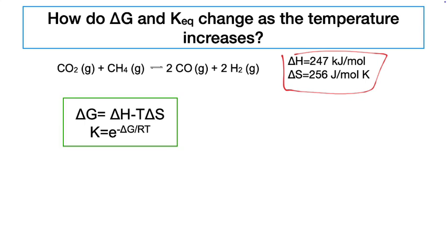Adding or removing heat. Where did the heat come from? If you lost heat, why did you lose heat? What happened to cause the heat loss? If you had to put heat in, what happened to cause that heat gain into the system? Why was it necessary? What causes enthalpy?